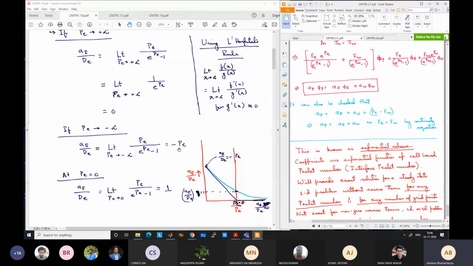Okay, A by D is almost equal to minus P. So we can take one straight line to be A by D equal to minus P, directly, instead of taking the exponential and limit. Second, we can assume that for very large value of P, A by D should be equal to 0. Okay, so that is another straight line we can take. So these two are true for very large negative and positive values.